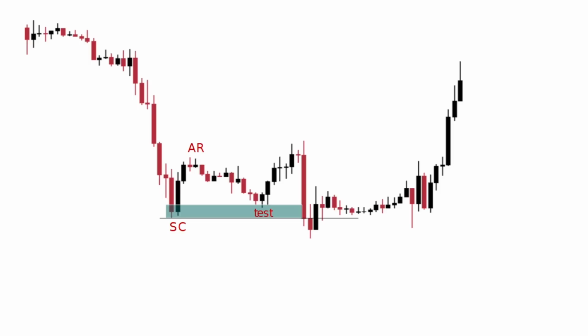Below the test is where the stop losses of anybody that took the demand entry. So anybody that bought price at that extreme demand level, their stop losses would be beneath your selling climax. So how is this liquidity taken? Via purge, which is your stop hunt. And your purge produces a demand level, which would be your return to origin.